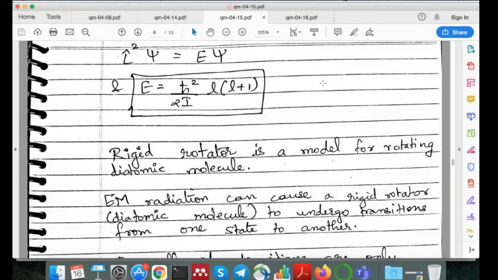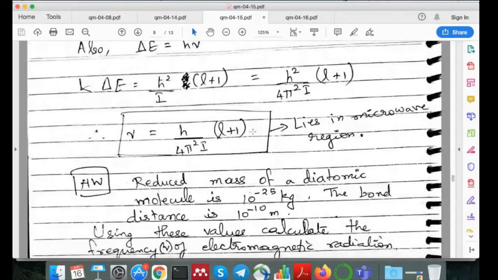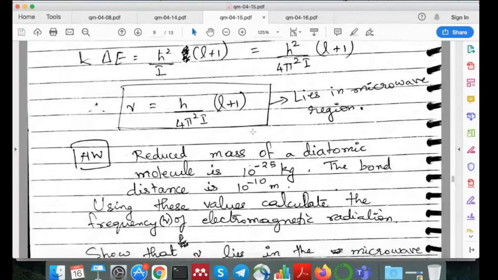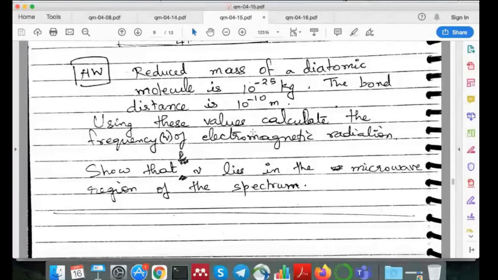So this whole concept of rigid rotor is used in microwave spectroscopy when you want to look at the rotational frequency of any molecule. That way you know how rigid the molecule is, or how the molecule is rotating, or how a particular bond is even rotating. Okay, so that leads to your microwave spectroscopy.